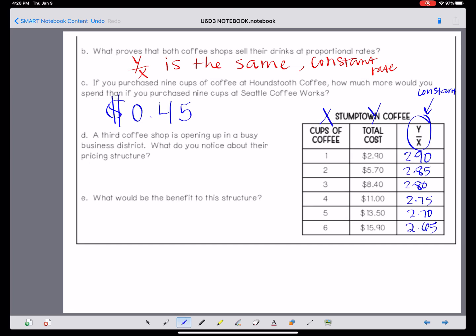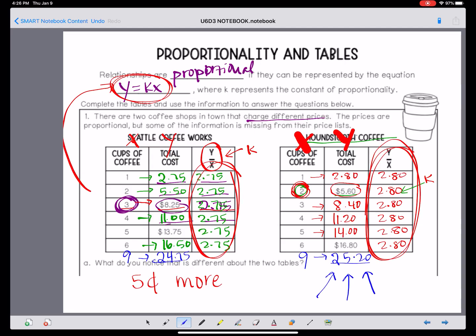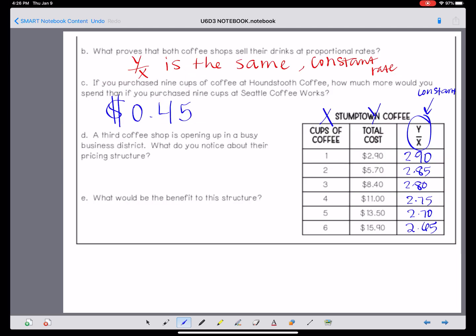What we're seeing here, so the other coffee costs $2.75, the next one costs $2.80. Over here it looks like you could get a better deal if you buy 5 or more cups of coffee. So we'll say for part E, it's less expensive if you buy 5 or more cups of coffee.